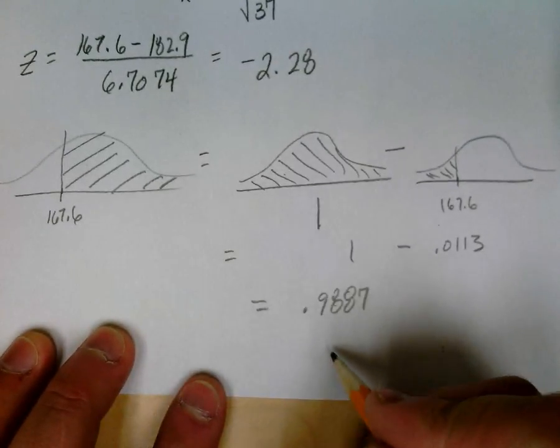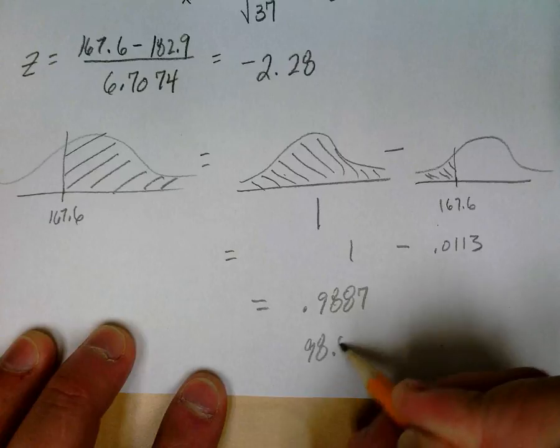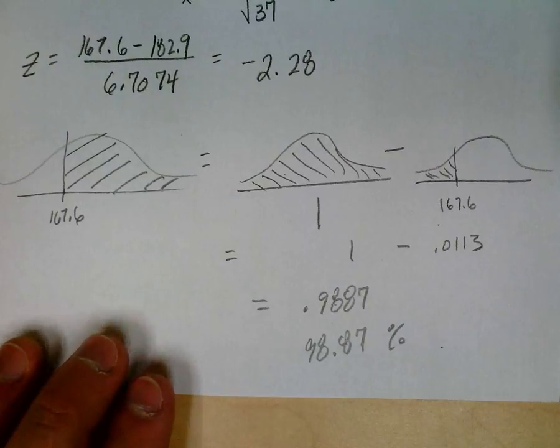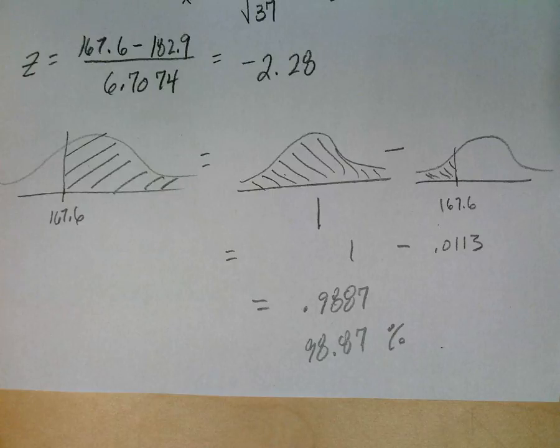That tells me that there is a 98.87% chance that if I randomly select 37 men from the population, their mean weight is going to be over 167.6 pounds. So that is a really good chance that that aircraft is going to be overloaded. And that makes sense.